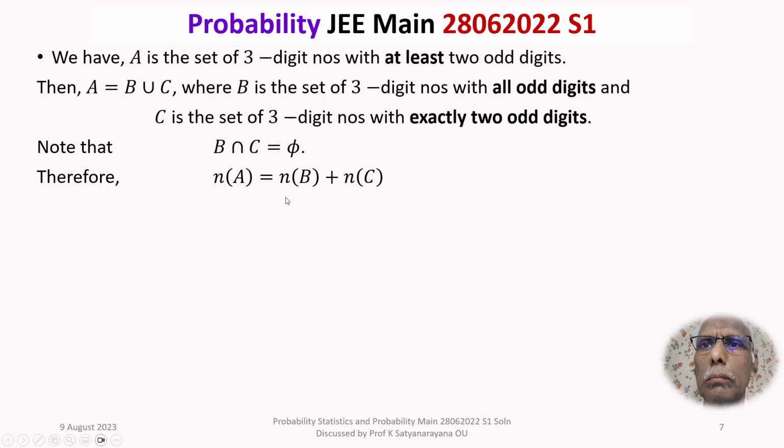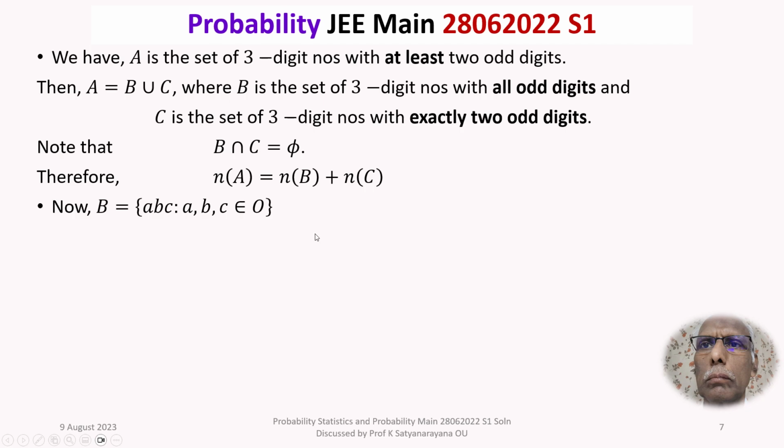Right. So we will now go to B and count the number of elements present in B. Now B is the set of all 3-digit numbers ABC where all the 3 digits are odd. A, B, C are odd.